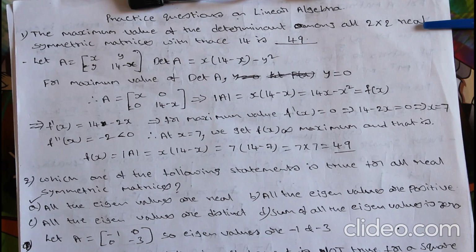Now to find the maximum value of a function, first we have to differentiate with respect to x and equate it to 0 to find the value of x. After that we have to double differentiate the function, and at that x value, if it is less than 0, that means if it is a negative value, then we get the maximum.